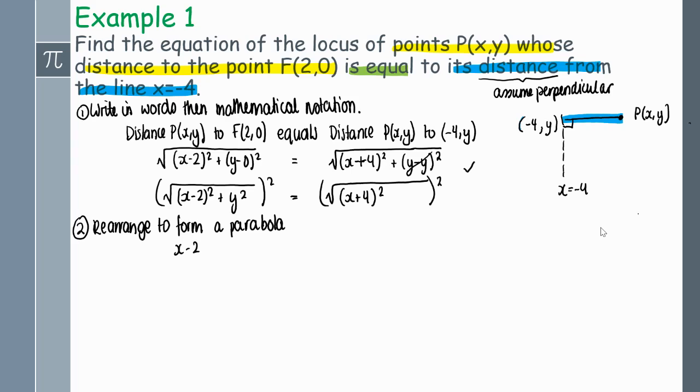Again, start by squaring both sides. That will get rid of your square roots here. So we'll have (x minus 2) squared plus y squared equals (x plus 4) squared, and then go ahead and expand and simplify where you can.